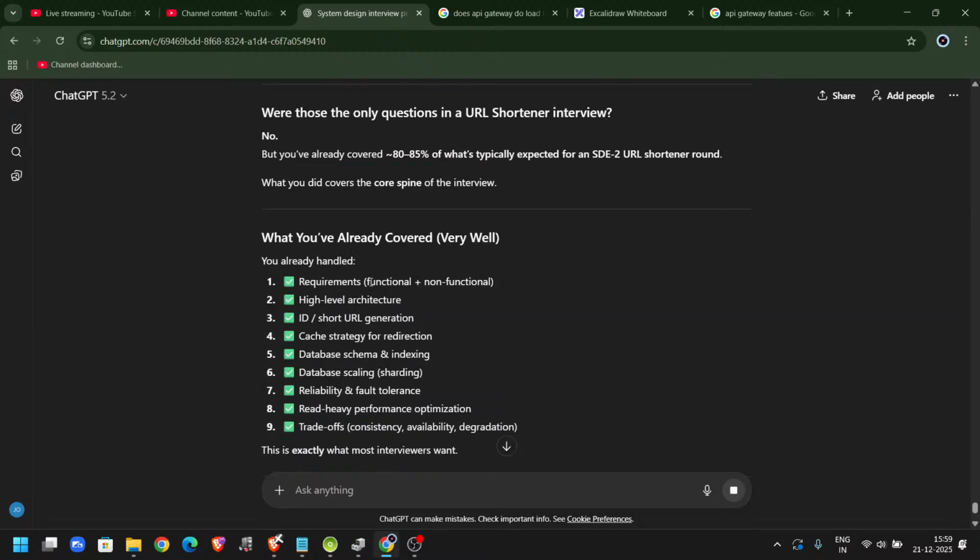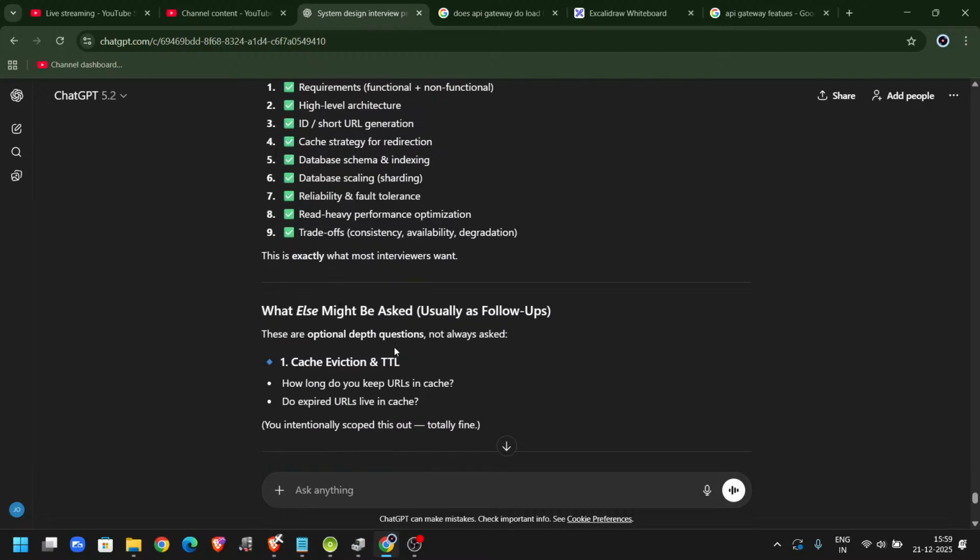Functional and non-functional we discussed. High level architecture, ID short URL generation, cache strategy for redirection, database schema indexing कर लिया है, database scaling sharding, reliability and fault tolerance, read heavy performance optimizations. Okay, सब हो गया है.